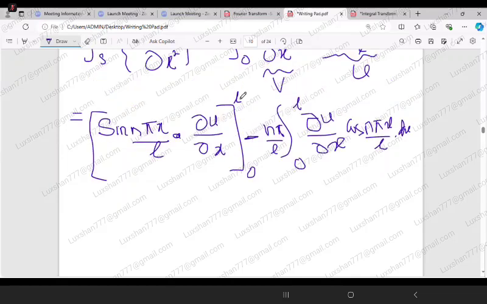So if I substitute x equal L here, that becomes 0, because sine n pi is 0. If I substitute x equal 0 also, so this is equal to 0 minus n pi over L. And what is this? Can anybody tell me what is this?